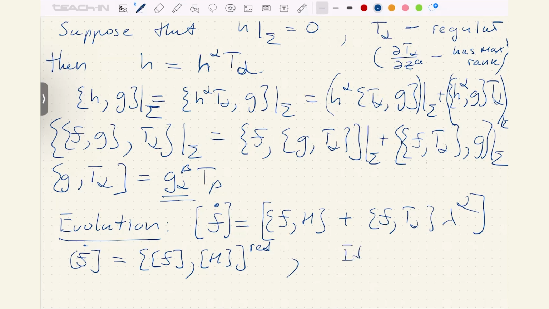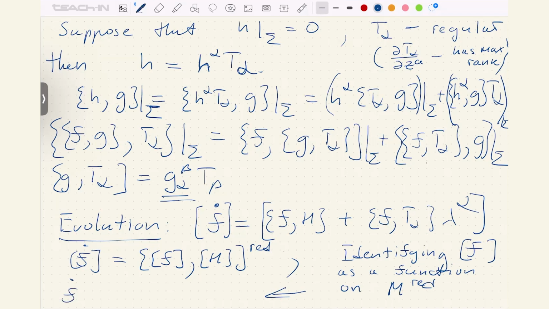Or identifying f as a function on M red, this can be written as f dot equal to f with h reduced, where h reduced is just the restriction of h to the constraint surface, right? So it's a usual Hamilton equation.